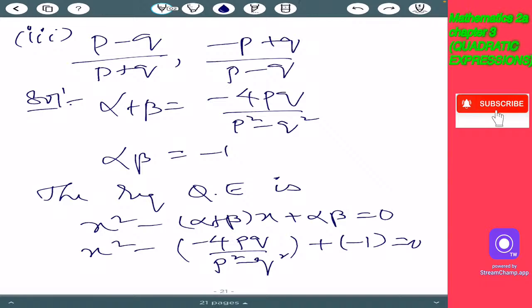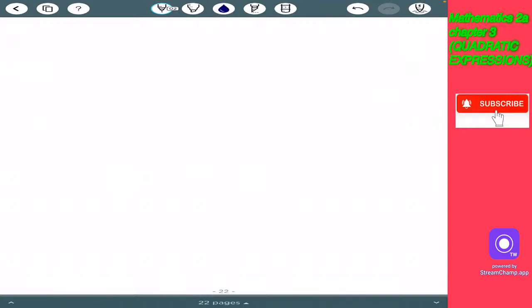Now take the LCM, and at the end you'll get an equation like the earlier one.